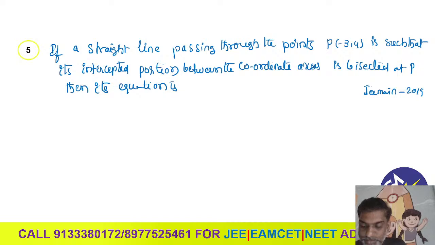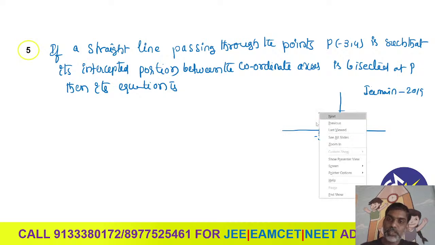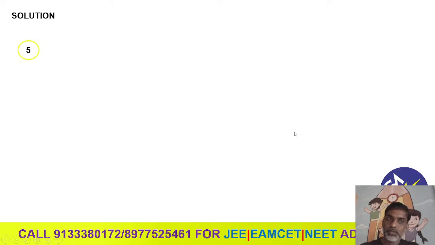Let us draw the figure and we can see. So minus 3, 1 2 3, and 4, 1 2 3 4. So this is the point (minus 3, 4). Okay, here we can see the solution.